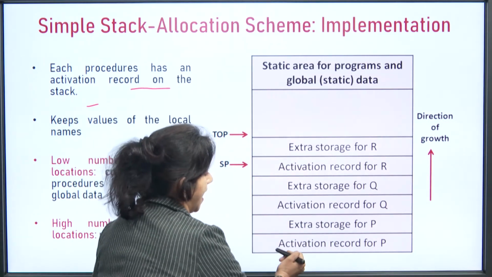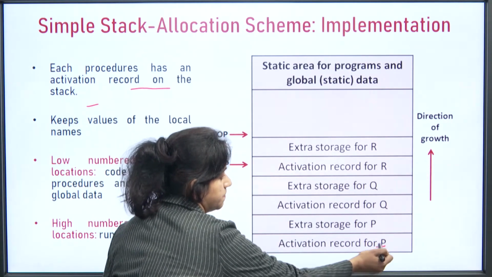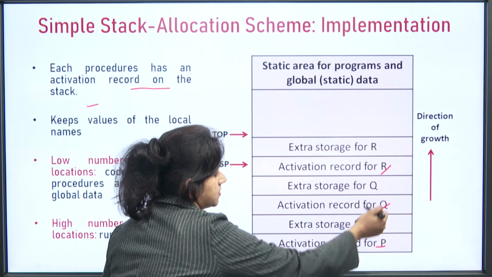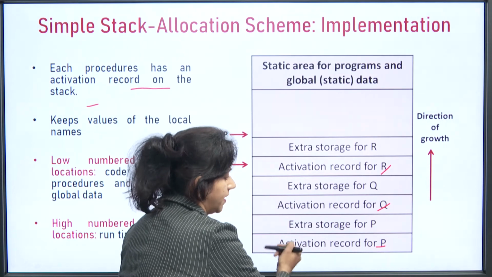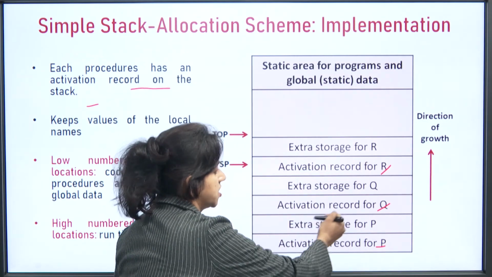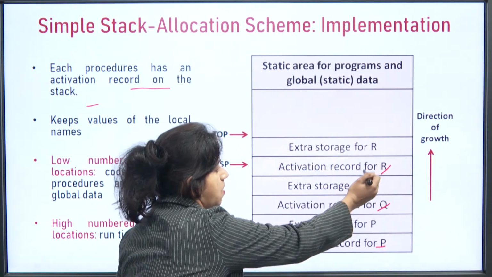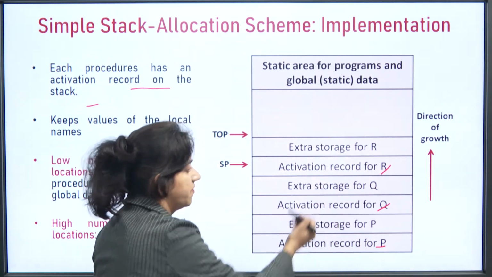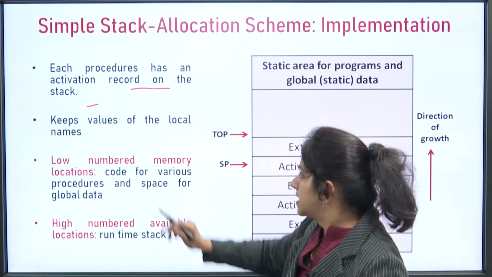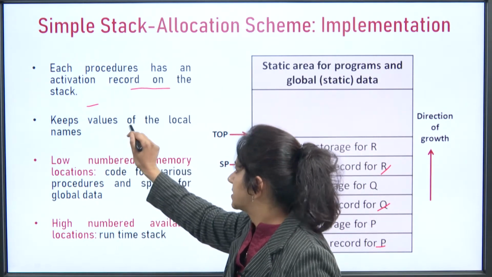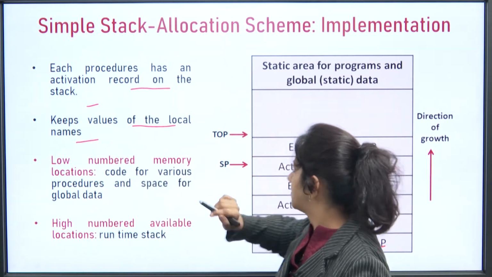Suppose the procedures are P, Q, R. So, we will have an entry for the activation record for P, the activation record for Q, the activation record for R, and everywhere we will have extra storage for every procedure. Now, it keeps the value of the local names.